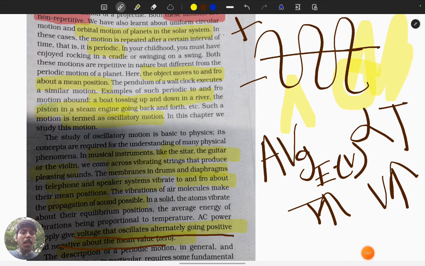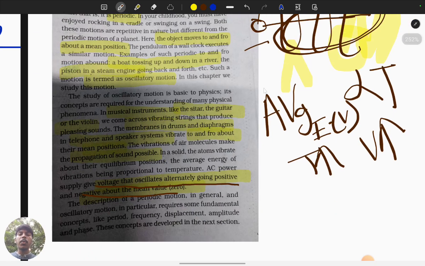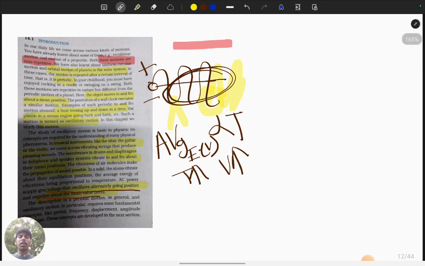Here we can see that the mean position is denoted with O. This shows oscillations. It is an example of oscillatory motion. Okay, let's move on to the next one.